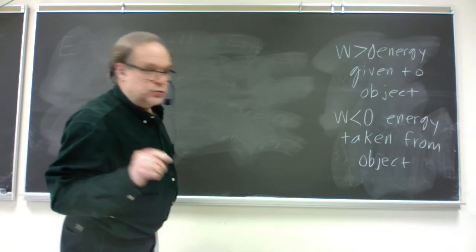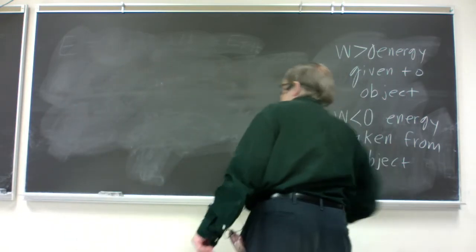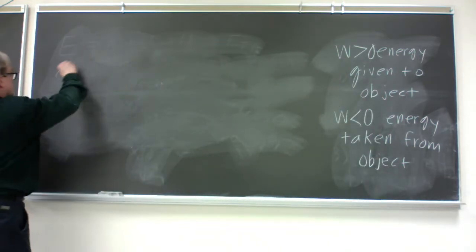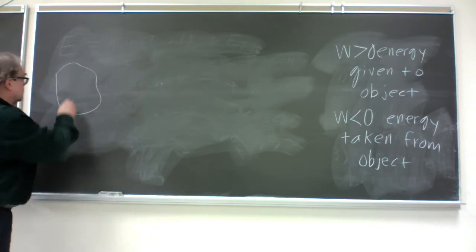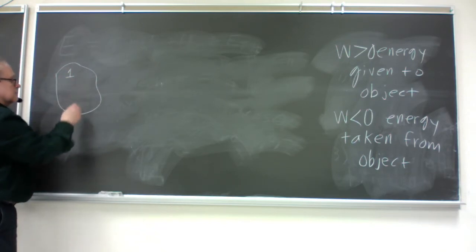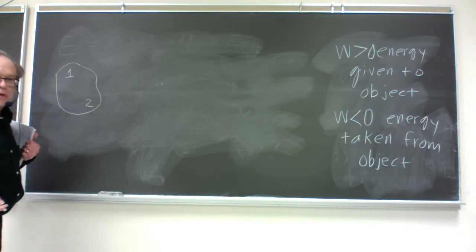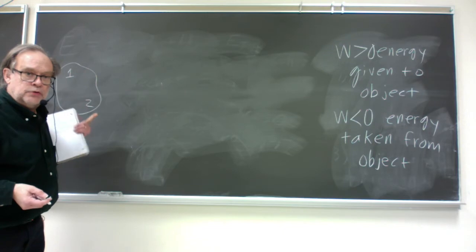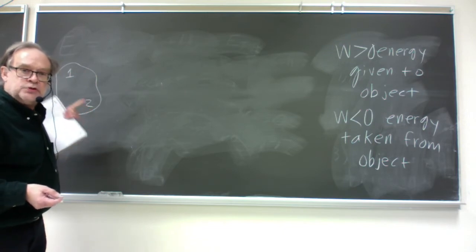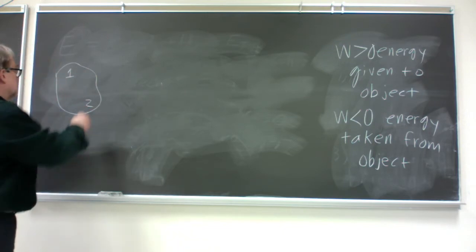But let's consider two cases. Let's say here's our system, and in that system, a whole bunch of objects, and there's two of them, thing one and thing two. And let's say, while thing two is moving, it feels a force from thing one.